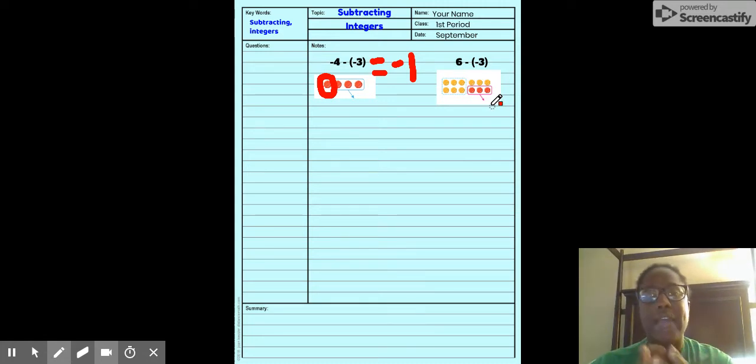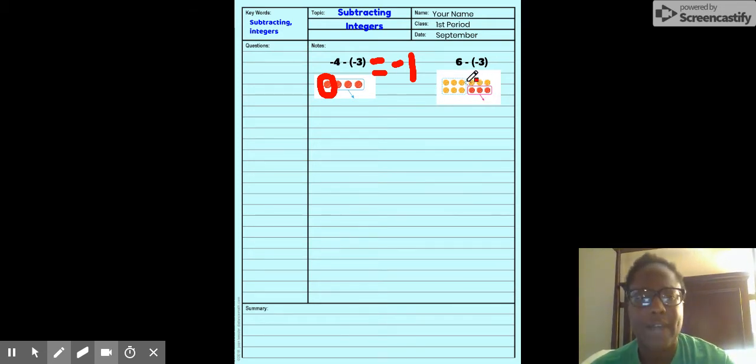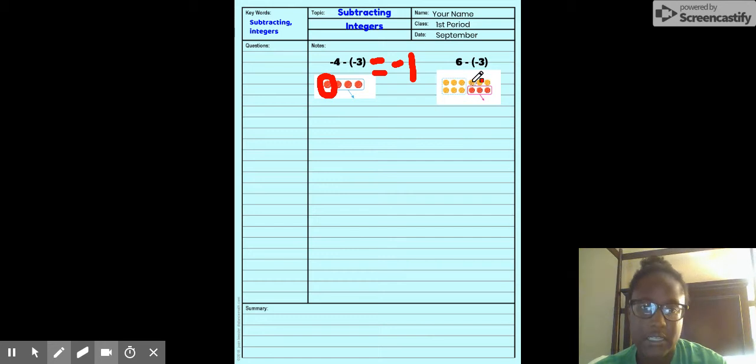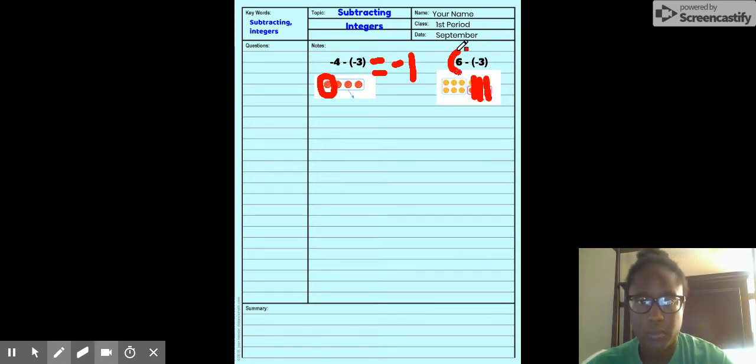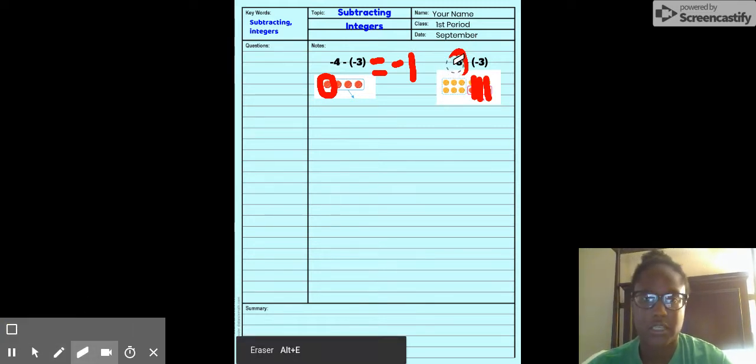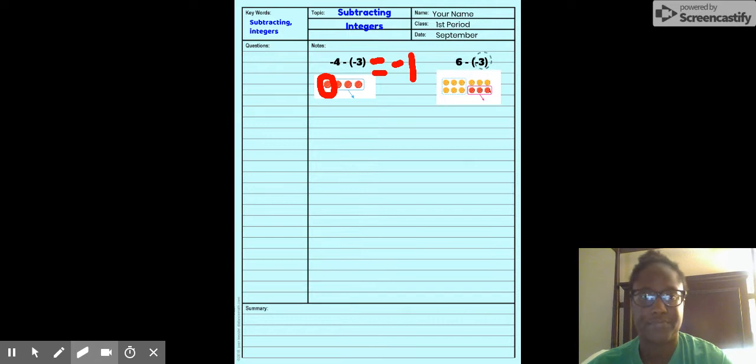Well, the only way we can add negative ones is if we add what's called a zero pair, because if I were to add -3, it wouldn't just equal 6. So this right here is considered a positive one and a negative one. So basically a positive and a negative cancel out to 0. So if I were to take these away, I would still be left with 6, which is this original number right here, which is why that works. It's confusing to me. I know it's weird, but that's the way it is.